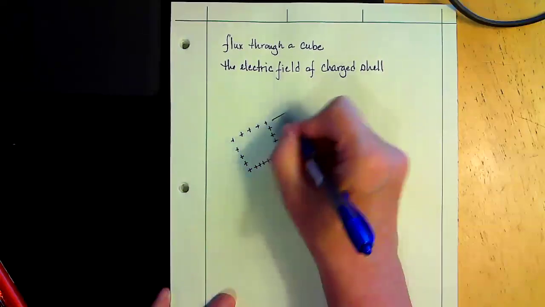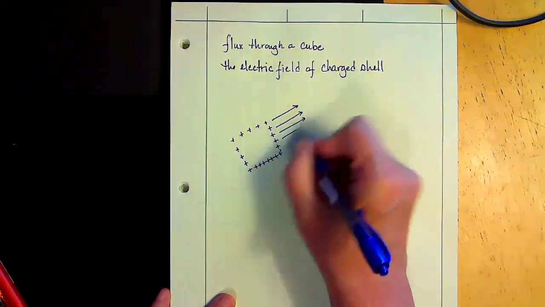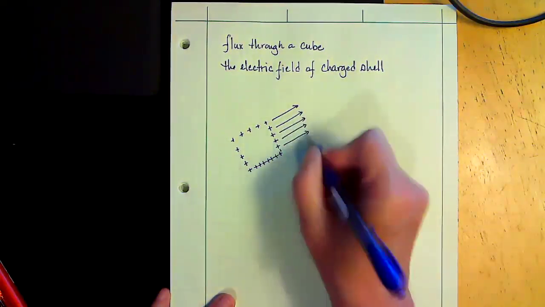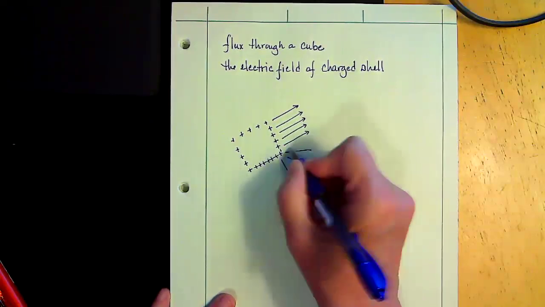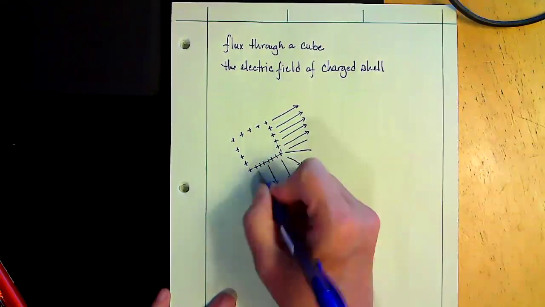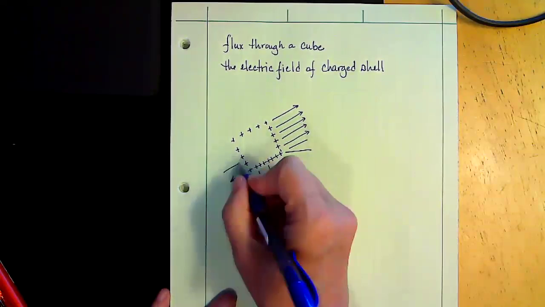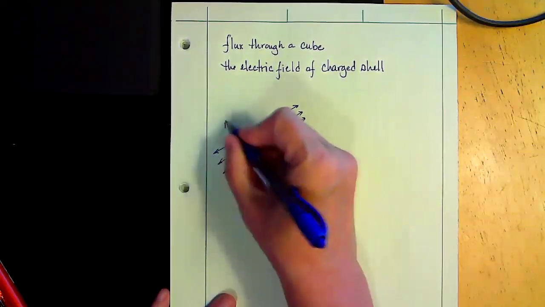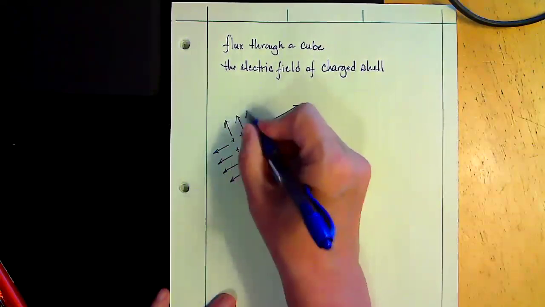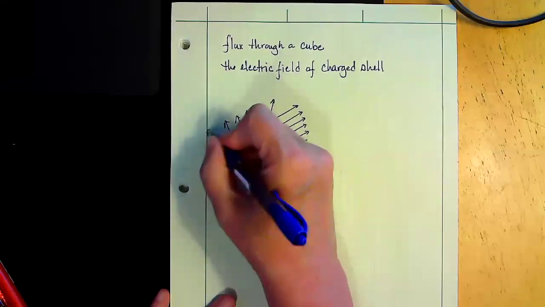And what you're going to find is there's all my positives here. You're going to find that your electric field is going to come out and give you some weird things at the corners. But you're going to find that, guess what? There's no flux inside the closed object.